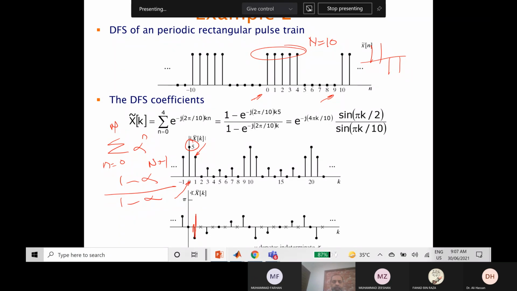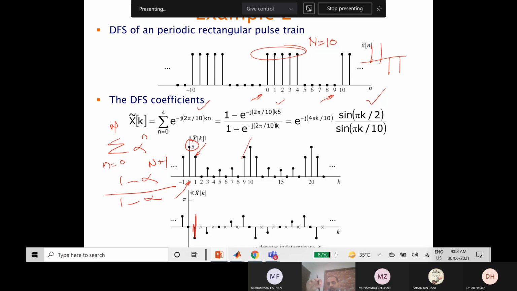What this book has done is that it has used this formula, and the formula has given you a closed form expression. Once you put k equal to 0, you get the 0th coefficient, put k equal to 1, you get the first coefficient, then the second. So you are not solving this summation again and again. You have a closed form expression, and you can use it to find the value of a coefficient by putting in a value of k.